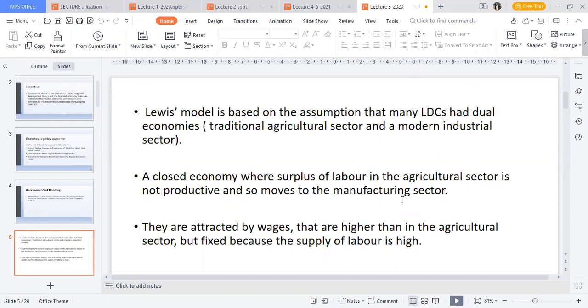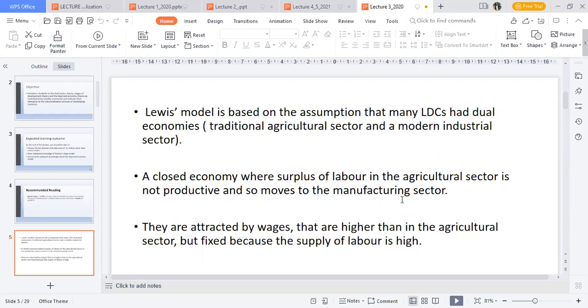So there is a surplus of labor in the agricultural sector, meaning that those in the agricultural sector are more than those in the industrial sector. So they are surplus, and because they are surplus, they move to the industrial sector. Those in UPSA move to Lagos. They are attracted by wages that are higher than in the agricultural sector, but fixed.